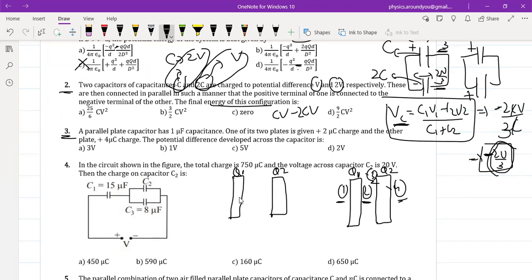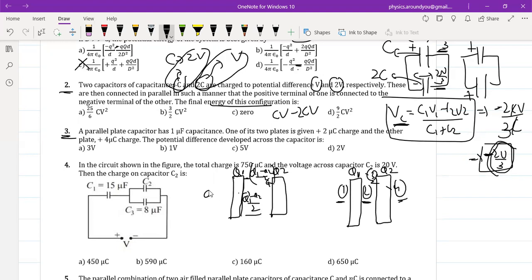With Q1 and Q2, the facing faces, as I call them, these two faces will have equal and opposite charge. What would be that charge? Q1 minus Q2 by 2, and this one shall be the negative of Q1 minus Q2 by 2. This face will have Q1 minus Q2 by 2, that face will have the negative of Q1 minus Q2 by 2.